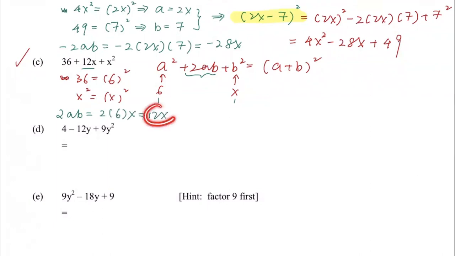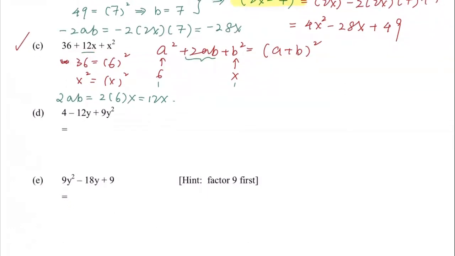Okay, so this is equal, which means this expression is of the form a squared plus 2ab plus b squared, which means we can write this expression as (a plus b) squared. So 36 plus 12x plus x squared can be written as (6 plus x) squared. What's the a here? a is equal to 6. What's the b here? b is equal to x.